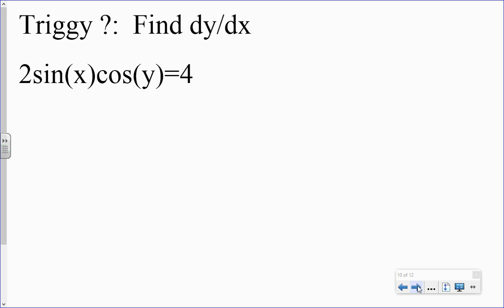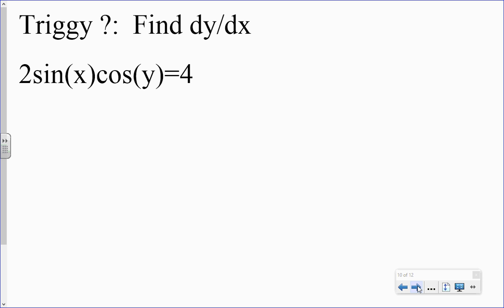All right, go ahead and write this one down. Okay, so first of all, I need you to notice that this is an implicit function because we have y in there, and we're not going to solve for y.